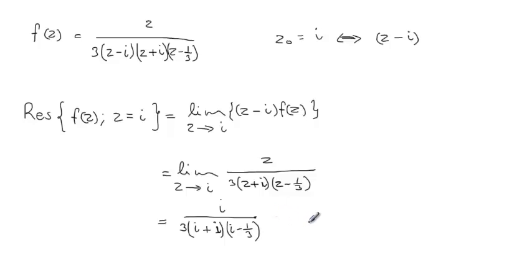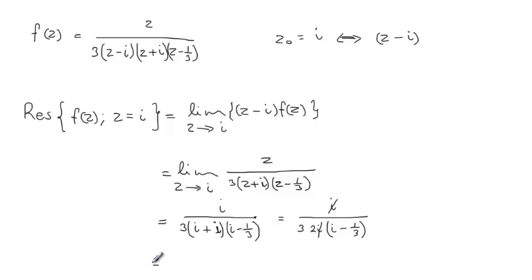this will simplify to i over 3 multiplied by 2i (i − 1/3), where 2i comes from i plus i, multiplied by 3. Then simplifying this expression, you can see that this i and this i simplify to 1.